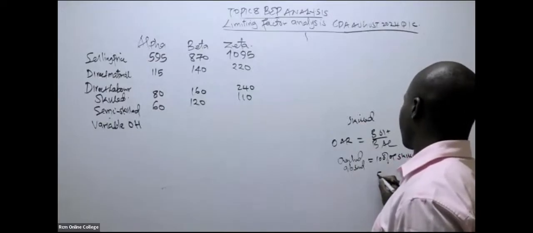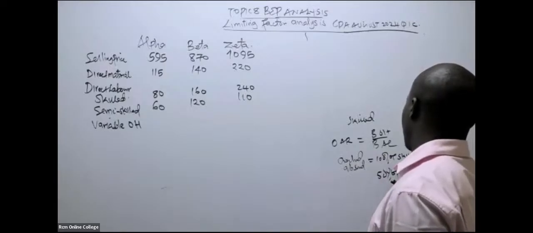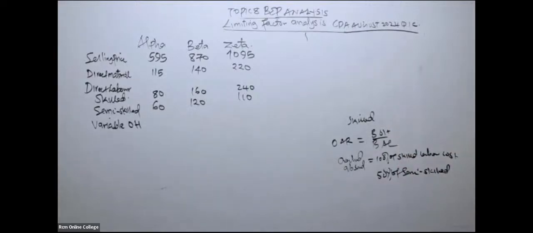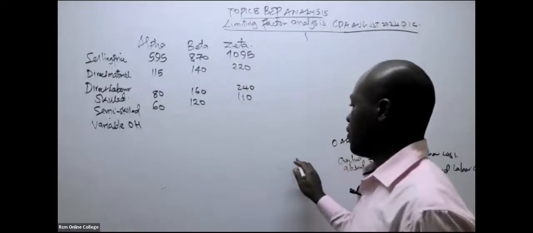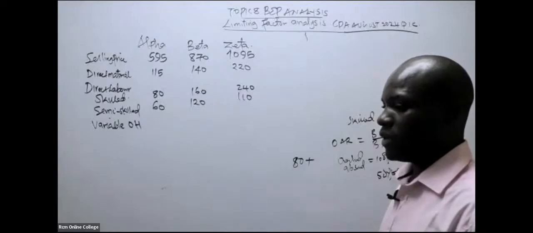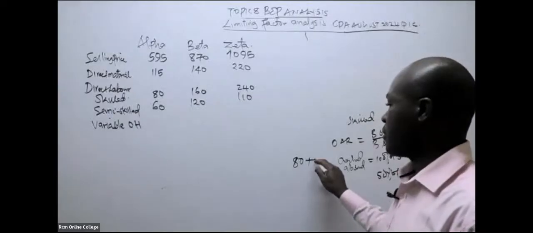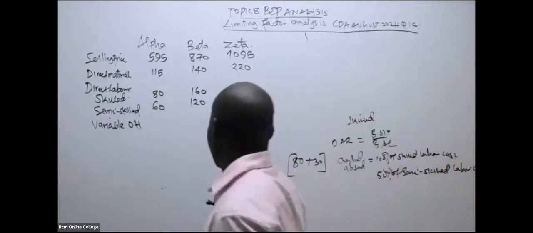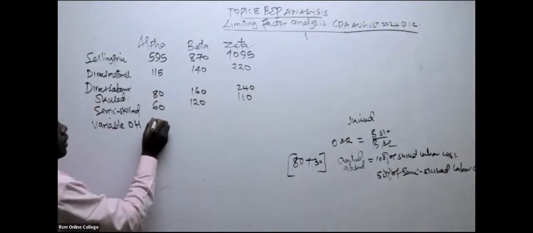Then 50% of semi-skilled. 100% of skilled and 50% of semi-skilled labor cost. So 100% of skilled will be 80 plus 50% of semi-skilled, 50% of 60 will be 30. So our variable overheads for alpha will be 80 plus 30, 110.